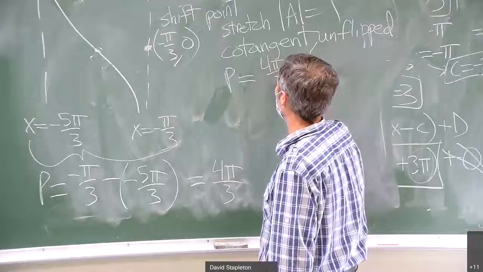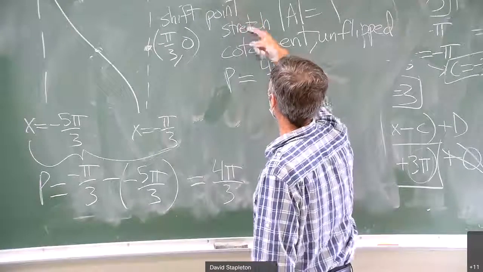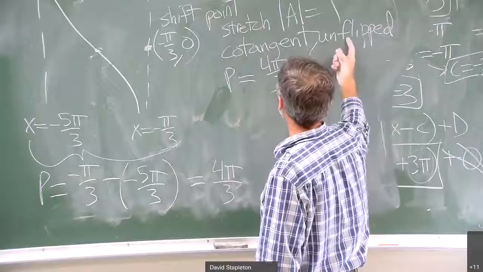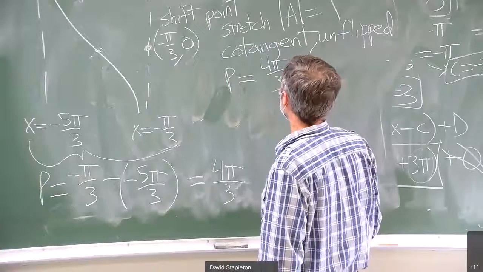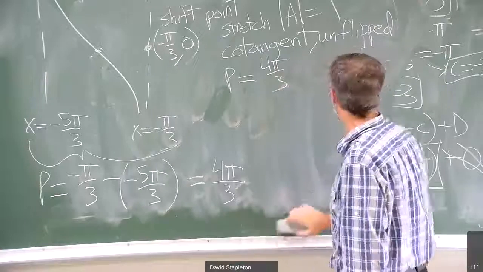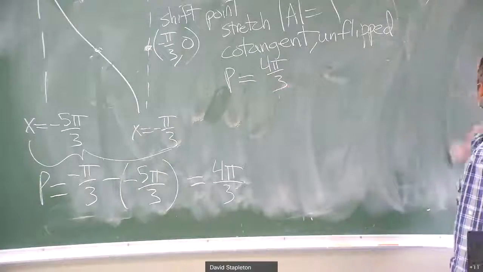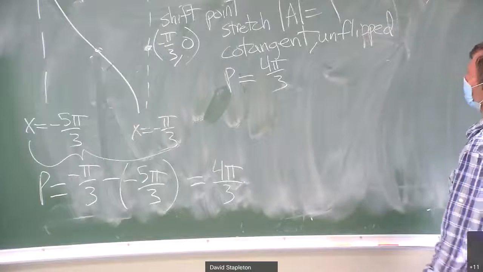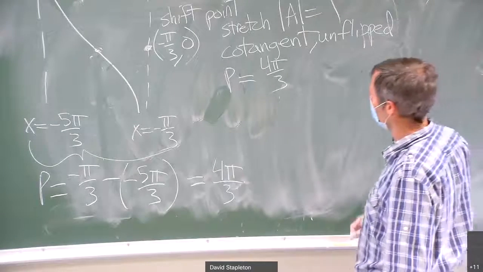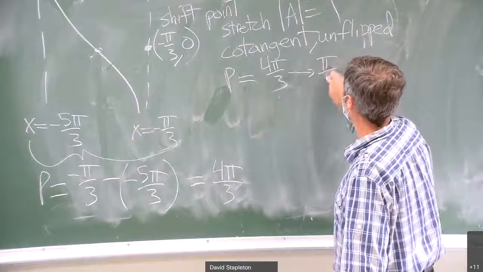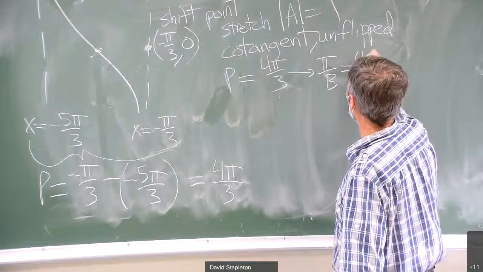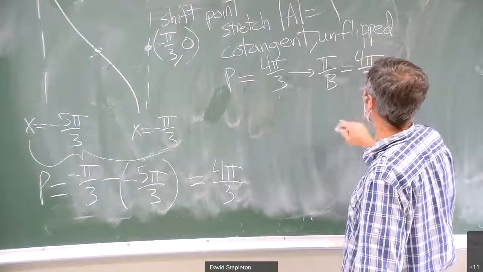Now I've got enough to figure out all the letters. Shift point, the stretch, and then we said unflipped and period. All right. Now we can get it. Since it's a cotangent function, its period is pi over b, not 2 pi over b. So this one says that pi over b is equal to 4 pi over 3, and we just have to solve that for b, right?